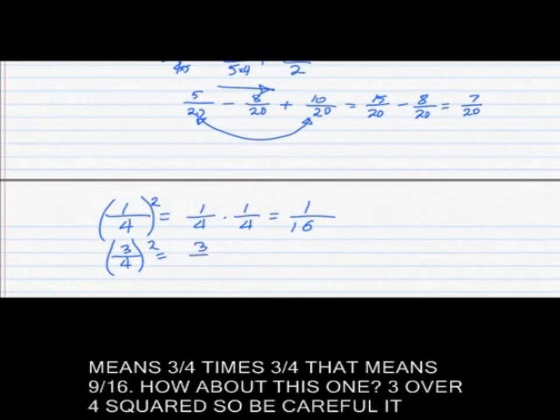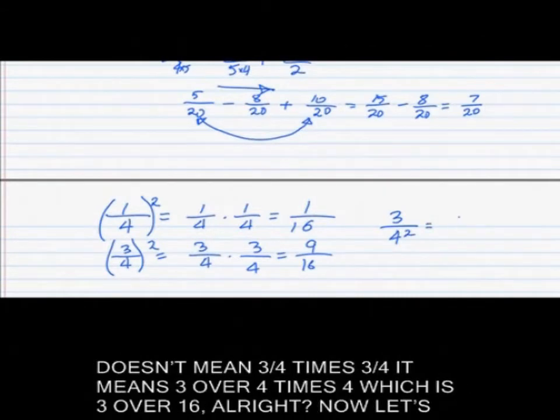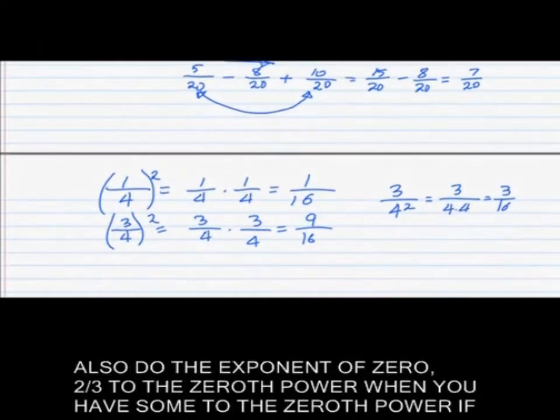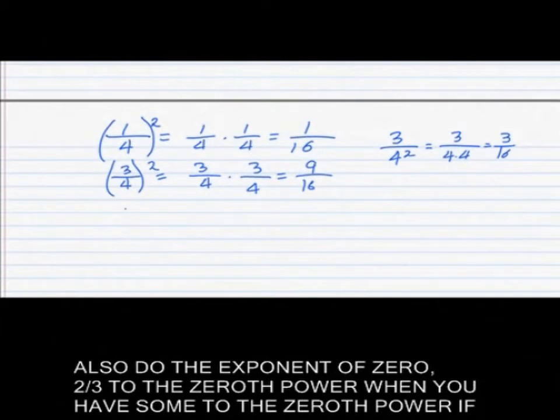That means 3/4 times 3/4, which is 9 over 16. How about this one? 3 over 4 squared. Be careful. It doesn't mean 3/4 times 3/4. It means 3 over 4 times 4, which is 3 over 16. Now, let's also do the exponent of 0.